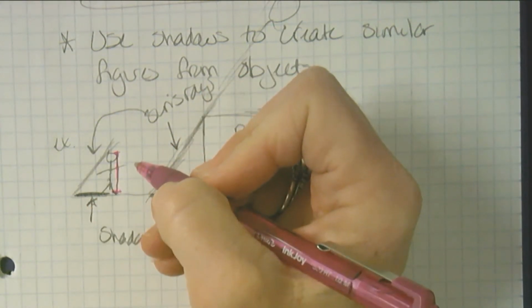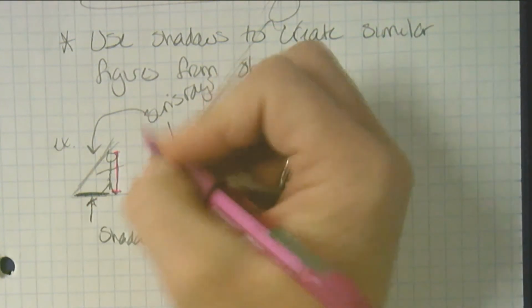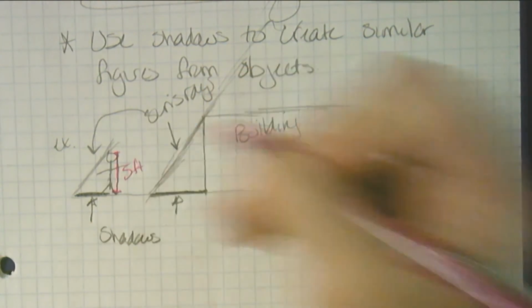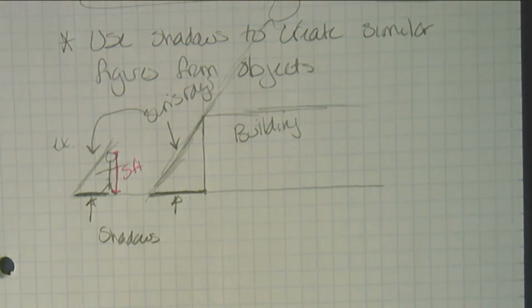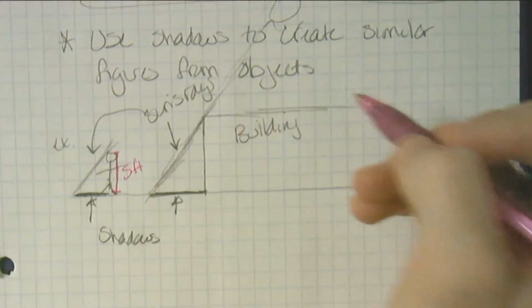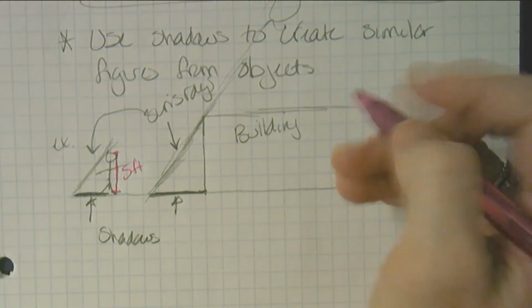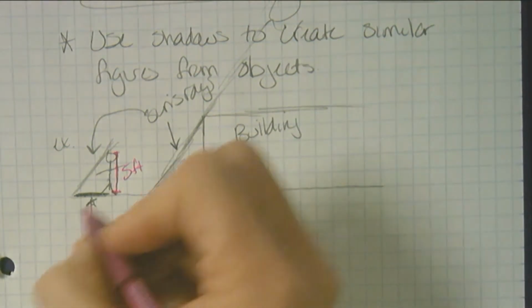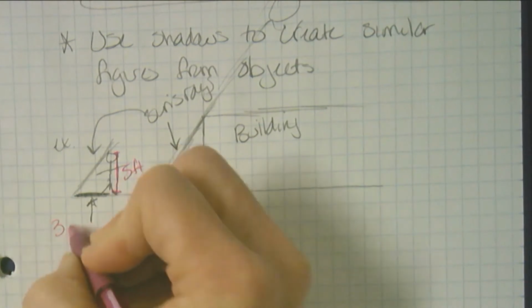Let's say the person is 5 feet tall. Just look what I'm doing. I have the height of my person, which is 5 feet tall. And let's say that her shadow is 3 feet long.